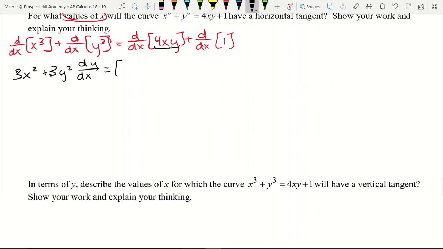So channeling the product rule, the derivative of that first term is just going to be 4 times our second term, which is y, plus the derivative of our second term, which is 1 dy/dx, times our first term, which is just 4x. And to that, we're going to add the derivative of 1, which we know is 0.